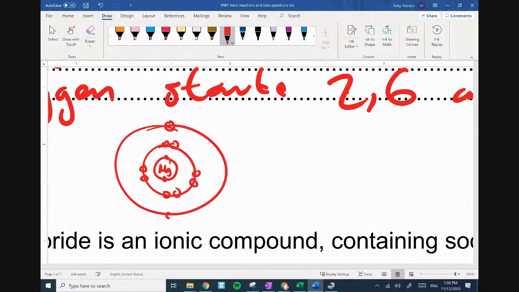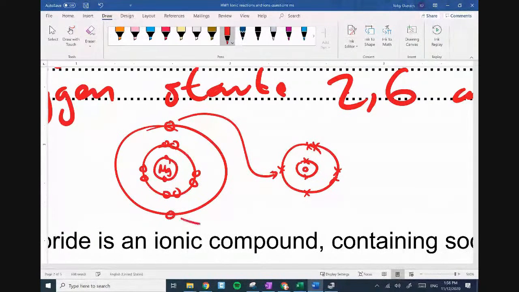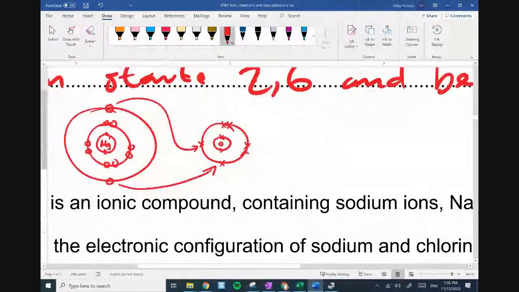Then the oxygen, 2,8,6. So that'll get you 2 of the marks, because magnesium's losing 2 and oxygen is gaining 2. That gets you 2 of the marks, tick, tick.